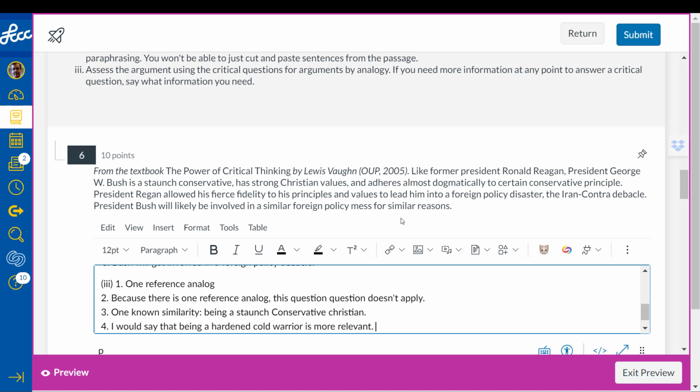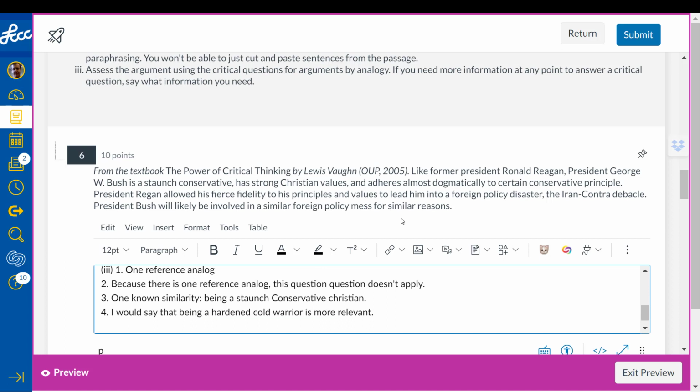So I'm agreeing with the conclusion. I mean, Bush the Elder did get involved in a foreign policy debacle, the first Gulf War. That's also just my opinion, but I'll say it. So in a sense, the conclusion is true, but I think that the argument is not a good analogy because it's identifying the wrong part of their character. Yeah, that's just my opinion.